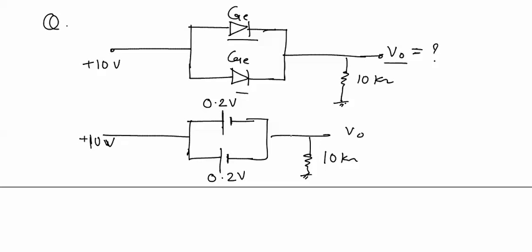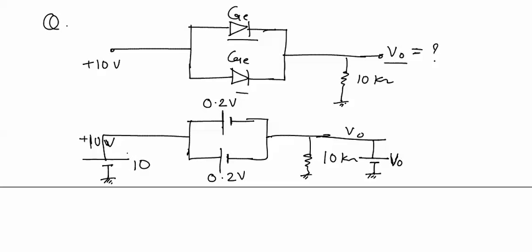First we would have to calculate the current, or there is another technique to calculate V0. We will replace this V0 with a battery for some time. I will replace this 10 volt with a battery, and the other end will be grounded.